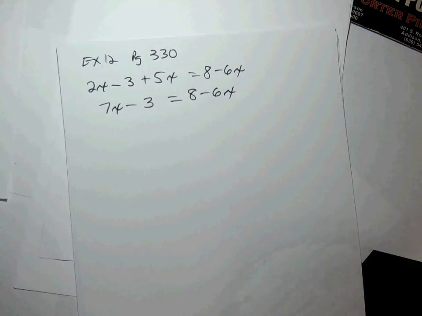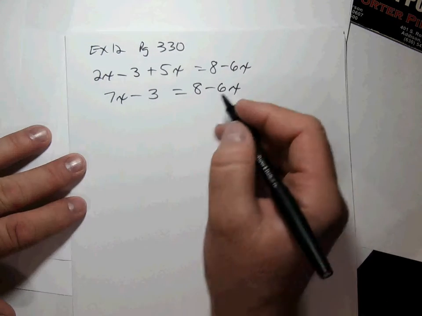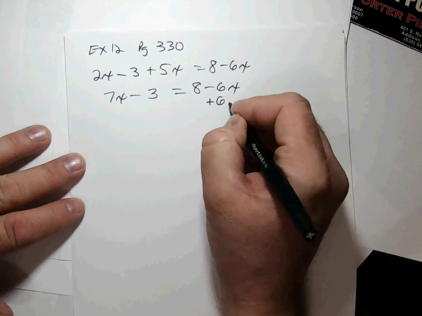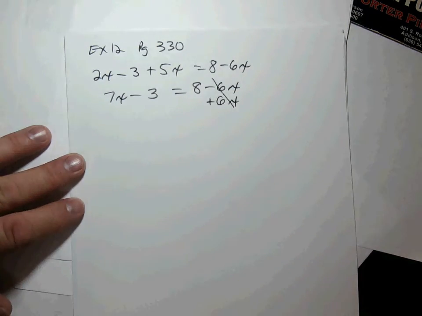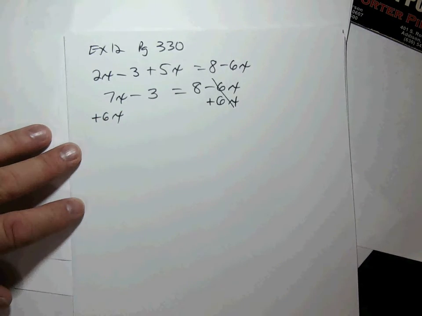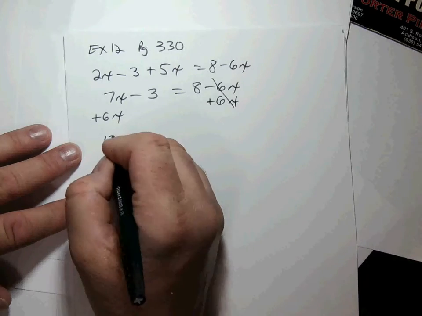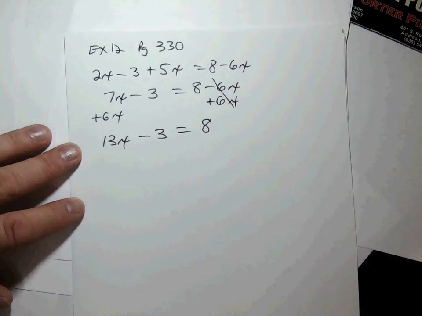Okay, now here we are. We have this choice. I can put the x's on the left, or I can put the x's on the right, and vice versa with the constants. Makes no difference. 9 times out of 10, I'll just put the x's on the left, so I want it to disappear over here. It's a minus 6x, so I add 6x to it. You do the exact same thing to both sides, so that would give me a 13x minus 3 equals 8.